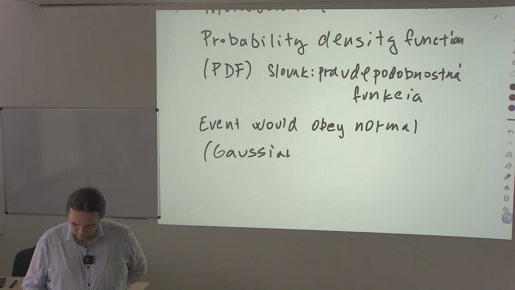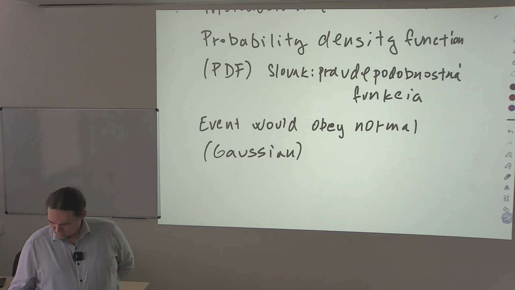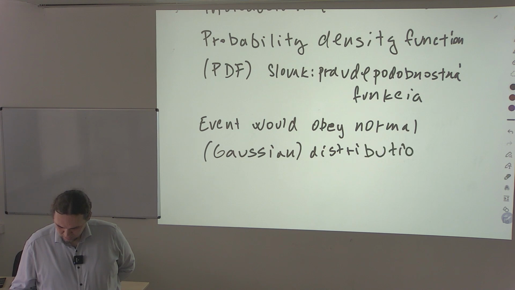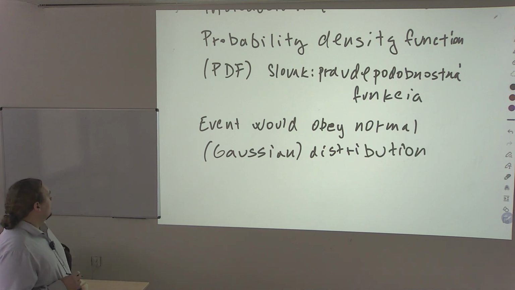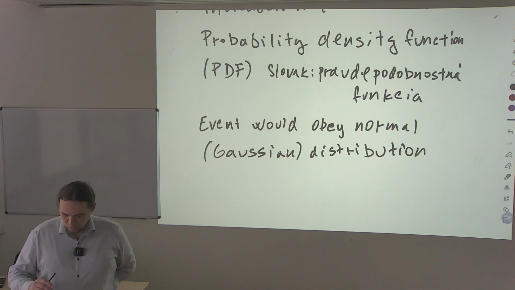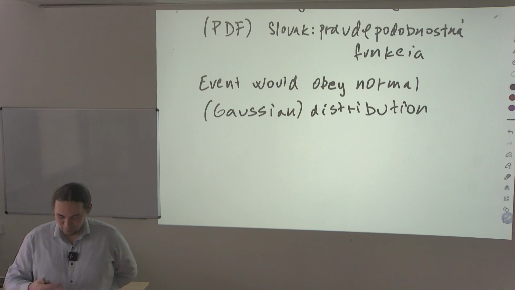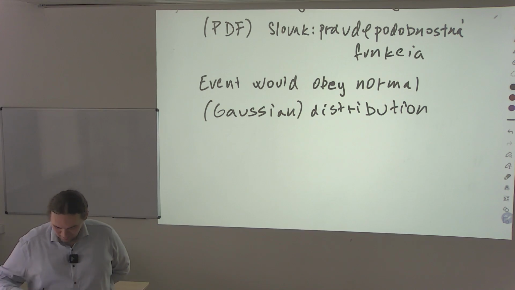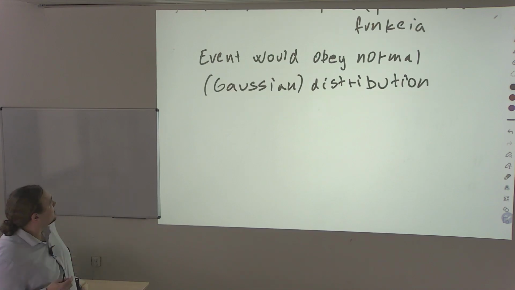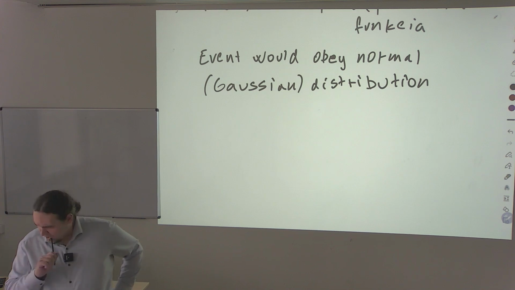Those two are really synonyms. Whoever talks about it, if Germans talk about it, they would use the word Gauss. If somebody non-German talks about it, they would use the word normal.